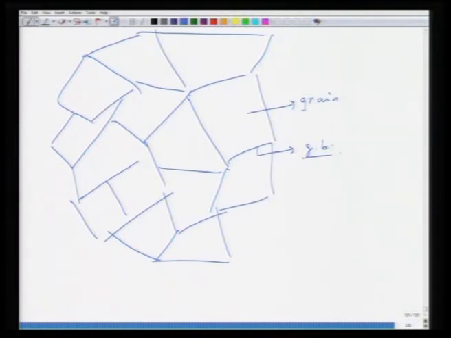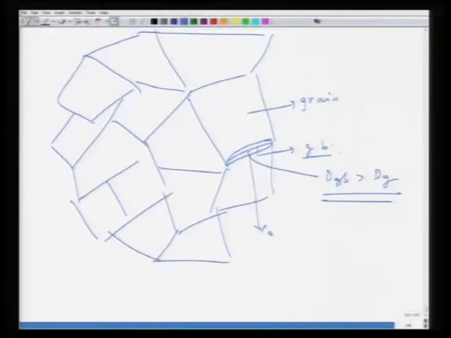Now typically you know that grain boundary diffusion is faster. So grain boundary diffusivity, D_GB, is higher than D_G, where D_G is for the grain. So as a result, the grain boundaries get oxygenated more. So the way you cool them in the atmosphere, the grain boundaries get oxygenated more.